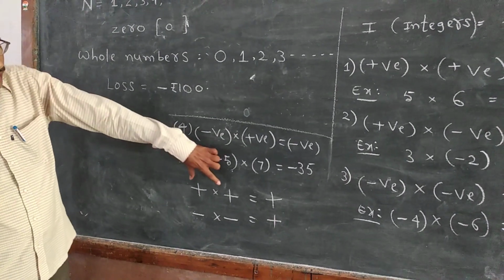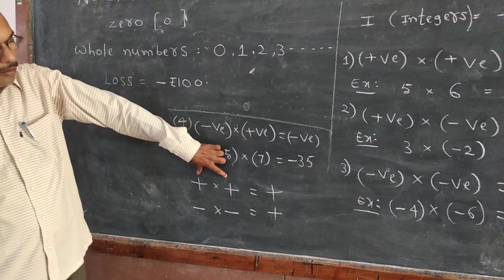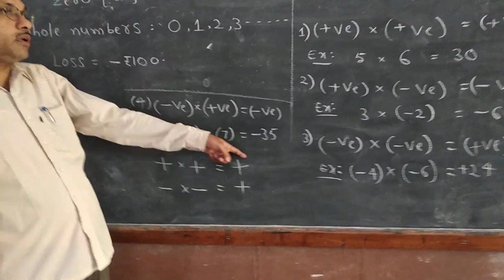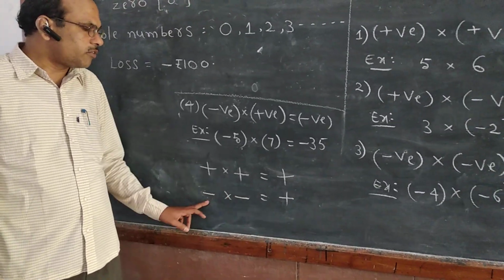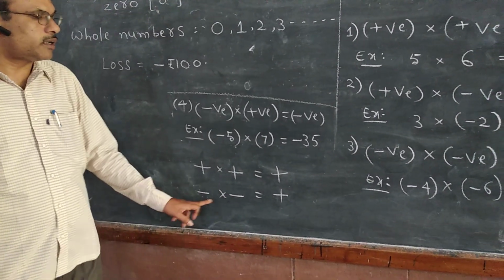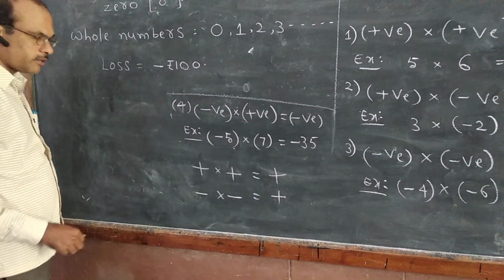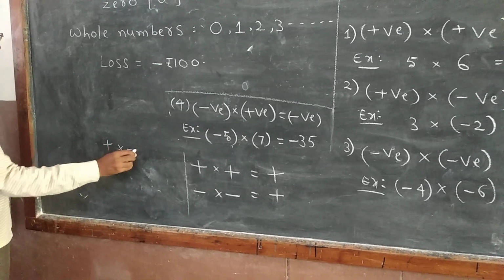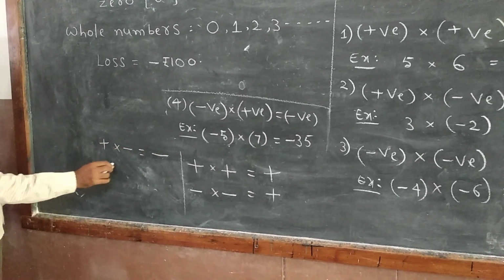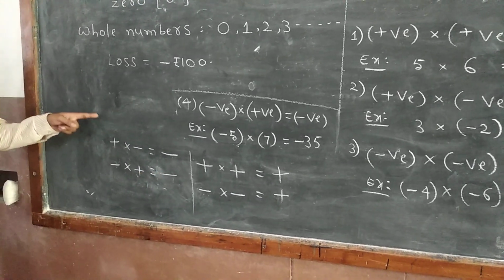That means whenever two numbers with positive symbols are multiplied, the result is positive, and if two negative symbols are multiplied, the result is a positive integer with the plus symbol.